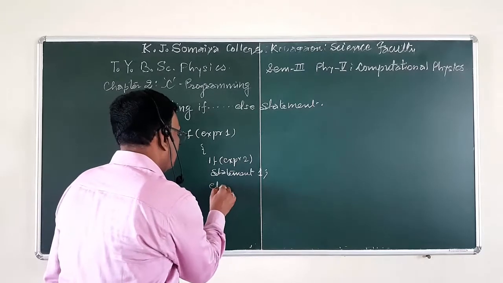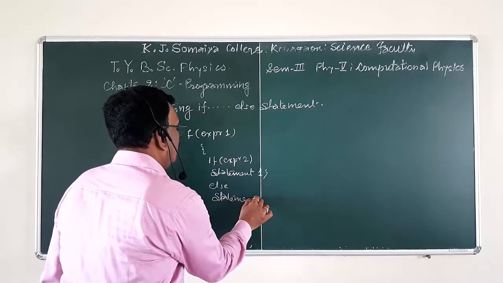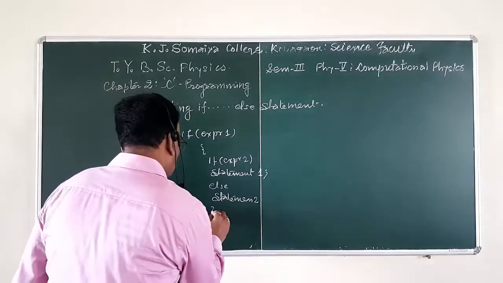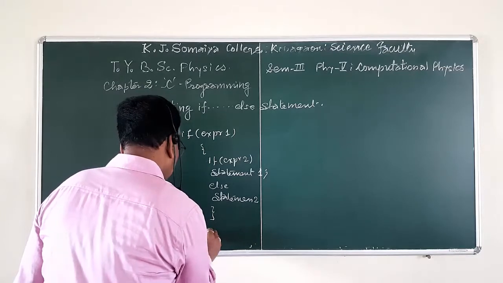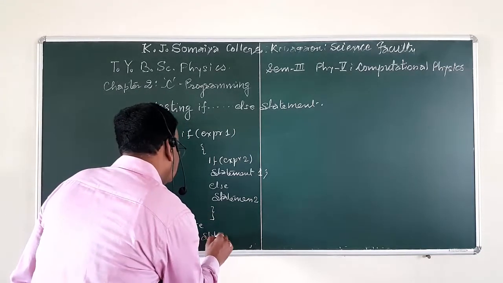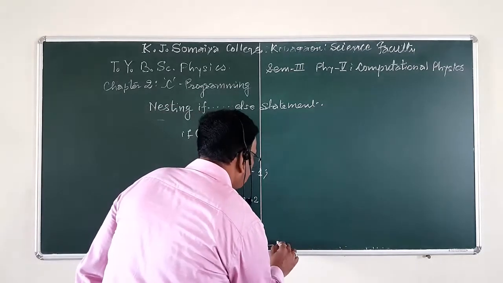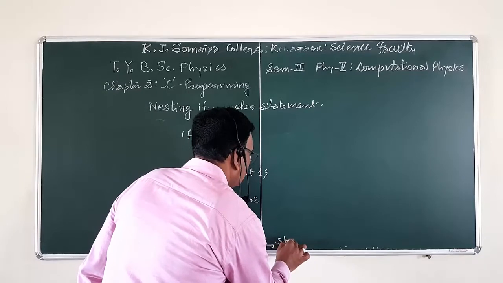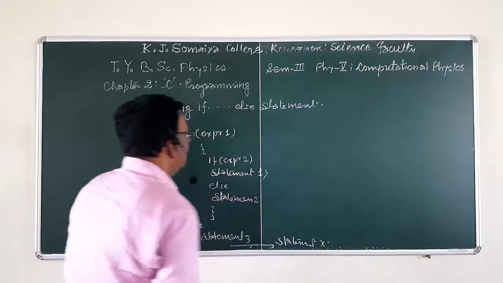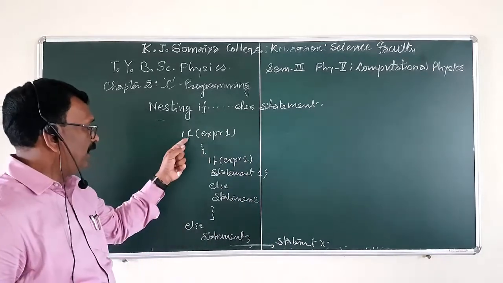Else statement 2, then the body is completed, else then the last statement 3. And then further, before that, statement x. See here once again, this is another form of nesting if-else.